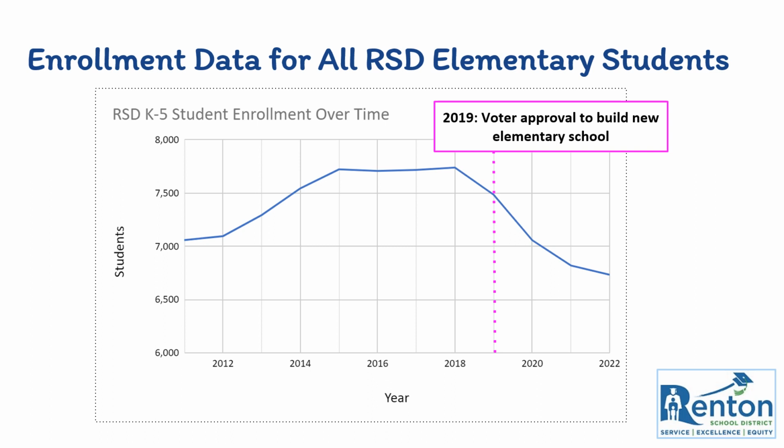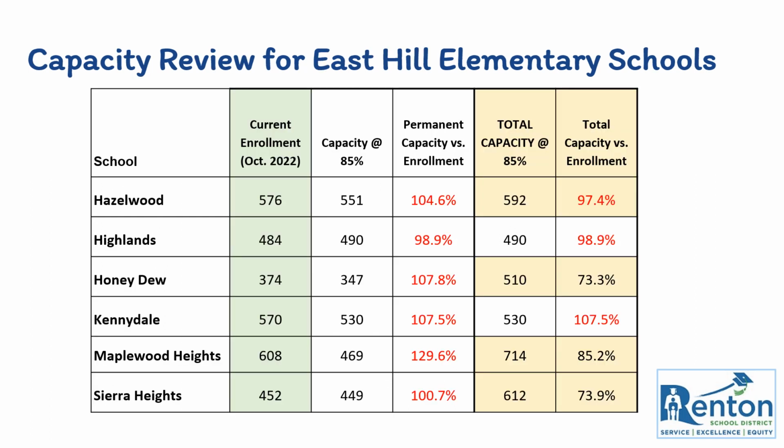You can also see that there was the beginning of a decline in enrollment, and then in 2020, of course, we entered the pandemic, and so you can see that there has been a continued decline in enrollment. Despite that, we are still a bit overcrowded at some of our East Hill elementary schools.